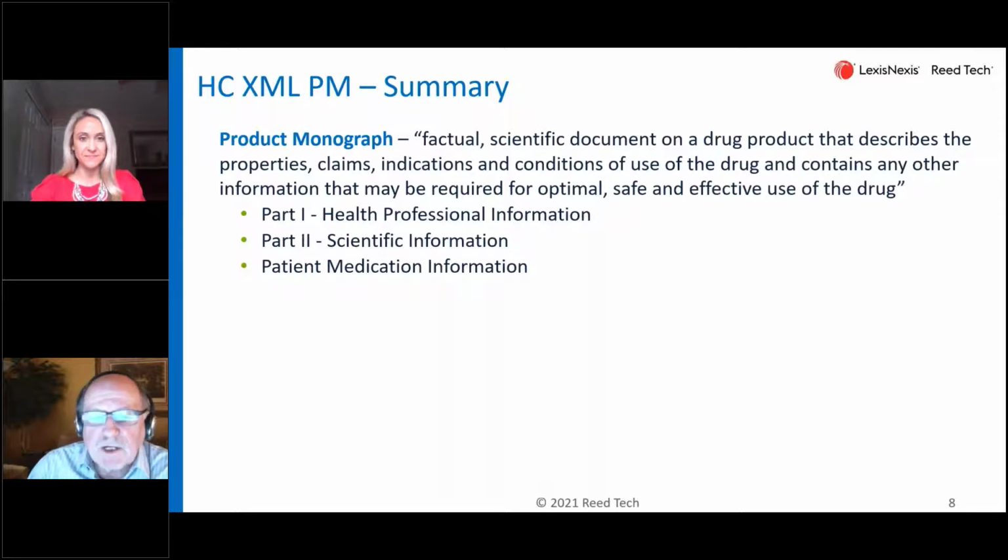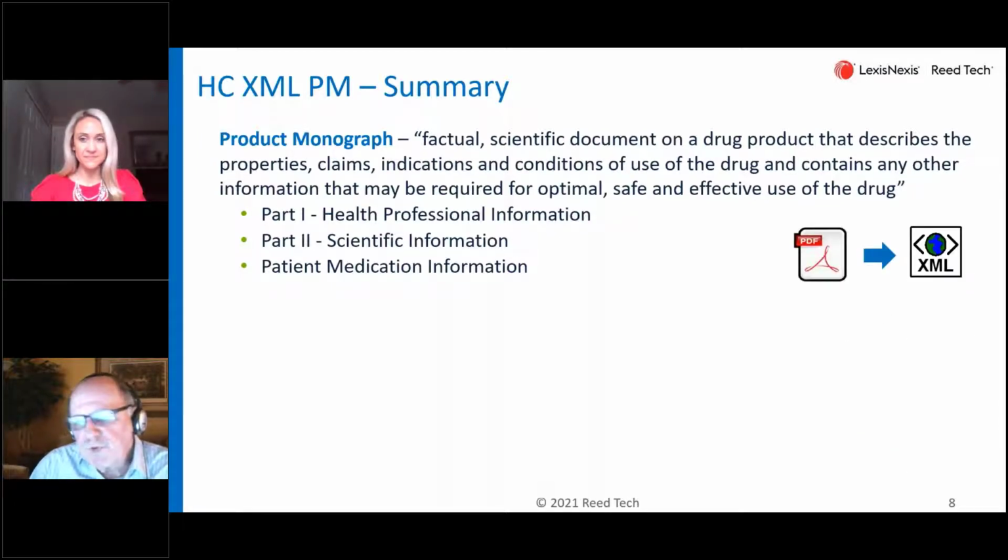It's that document that describes the product, the claims, indications, conditions of use, basically all the very pertinent information that is necessary for a particular drug, and use and application of that drug. There are 3 sections: the health professional information, scientific information, and the patient medication information. So I might refer to PMI for that last one, but those are the 3 sections.